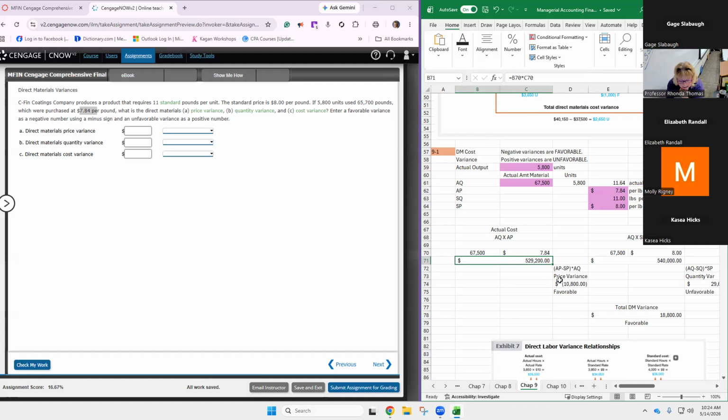It is actual price minus standard price times actual quantity. Notice actual quantity is used here and here. So that first amount is the same for both of these. It's the second amount that's different. It's actual price and standard price.